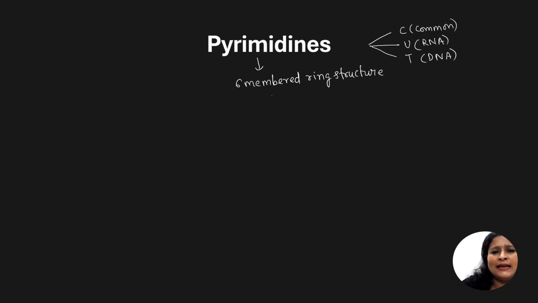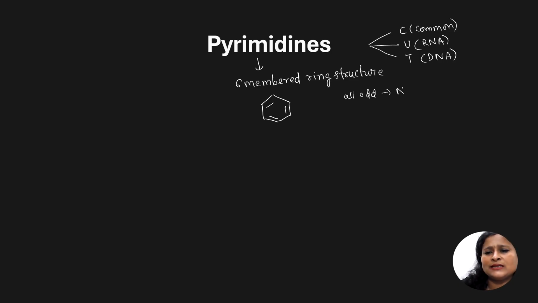Before that, let us know the core structure of pyrimidine. Pyrimidine has a 6-membered structure and has nitrogen atoms in all odd positions except number 5. Since it is a 6-membered ring, it cannot have nitrogen atoms at the 7th and 9th positions.